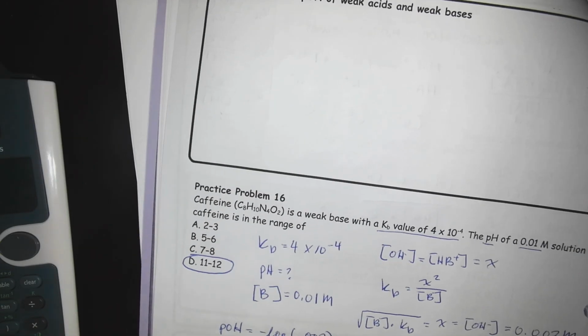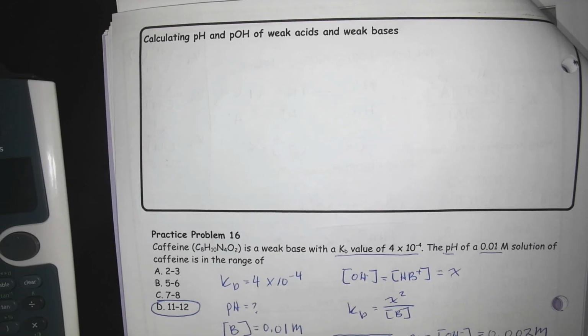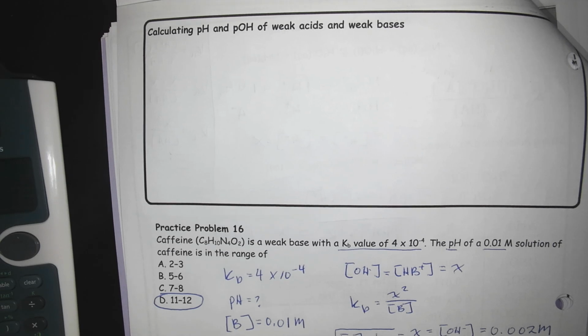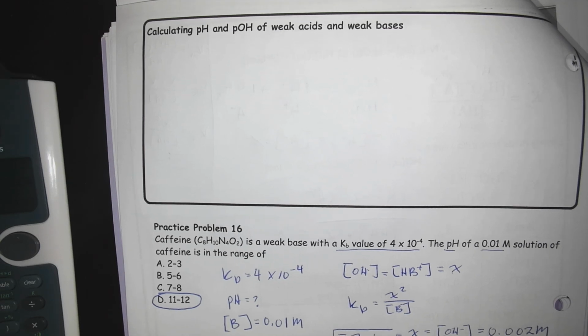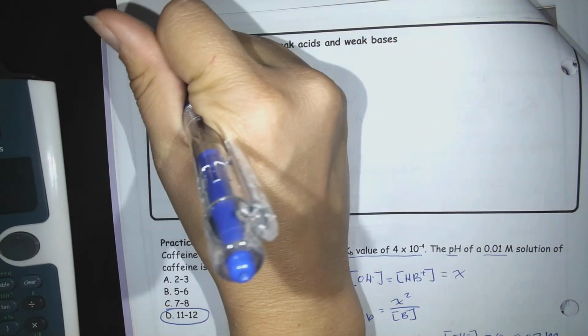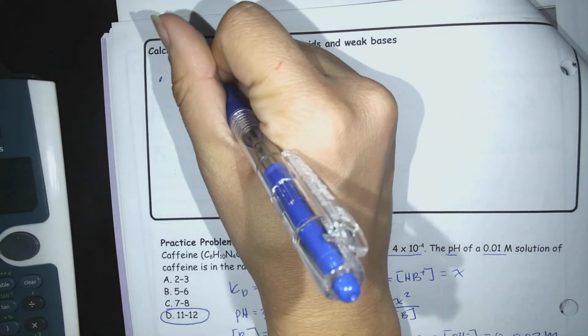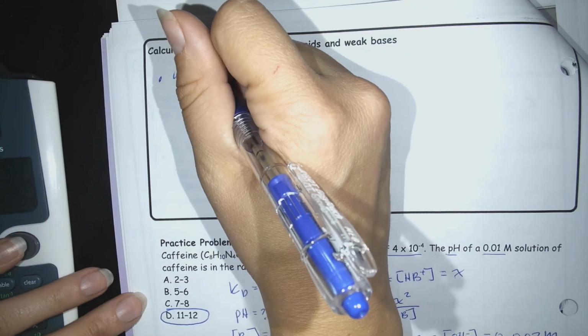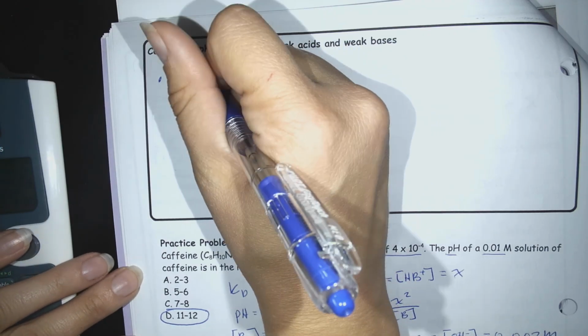All right, so when you are calculating pH or pOH of a weak acid or a weak base, we need to use the weak acid or the weak base equation, right?